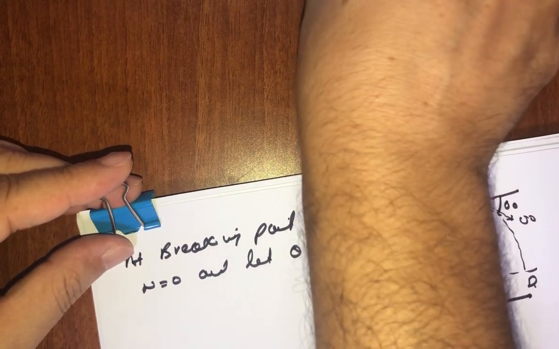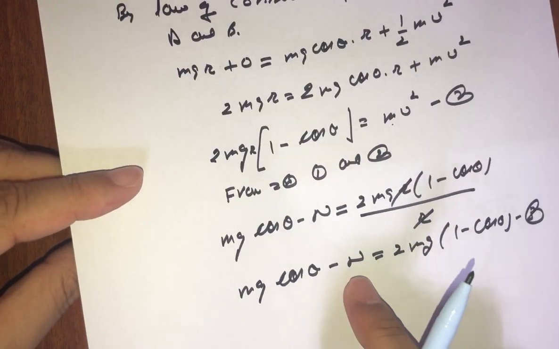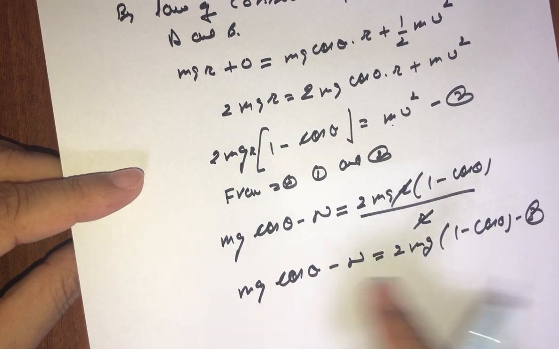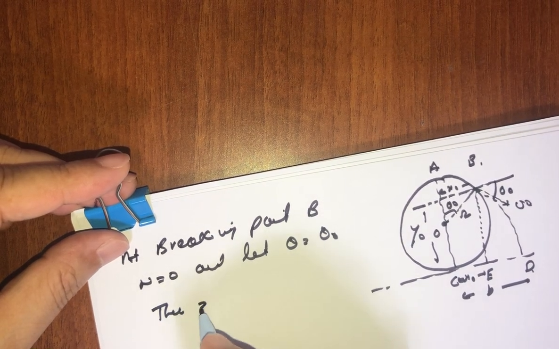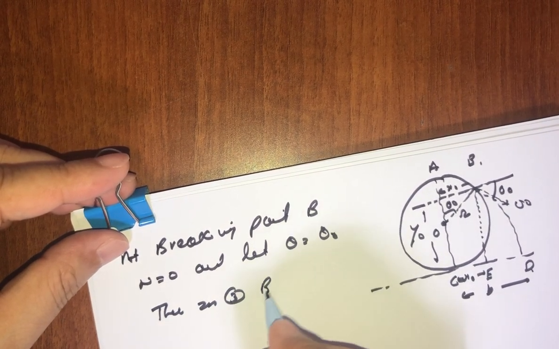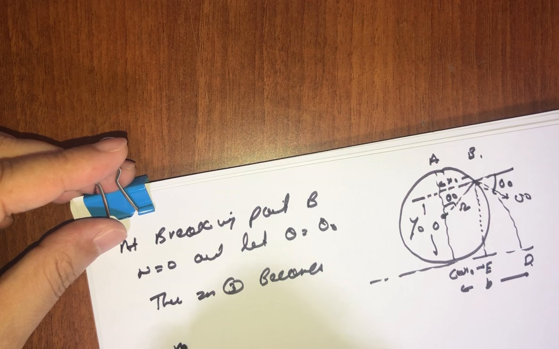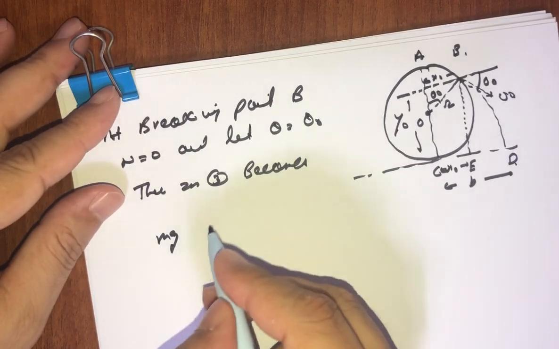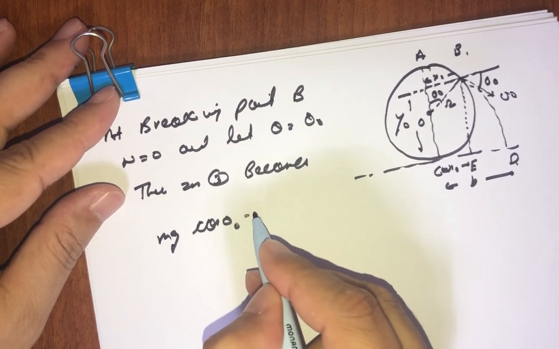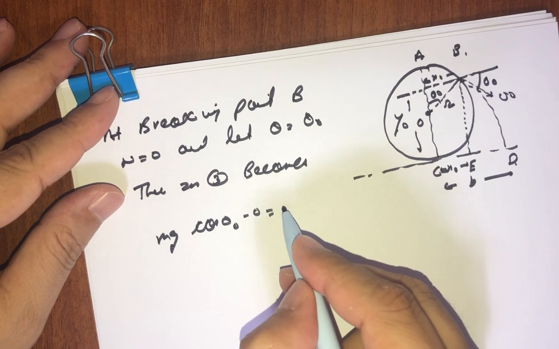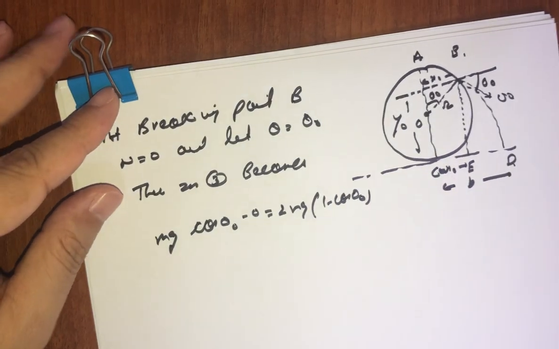So we are going to modify equation number 3. We are going to add normal is equal to 0 in equation number 3. Theta will be equal to theta naught. So then equation 3 becomes: mg cos theta naught minus 0 is equal to twice mg times 1 minus cos of theta naught.